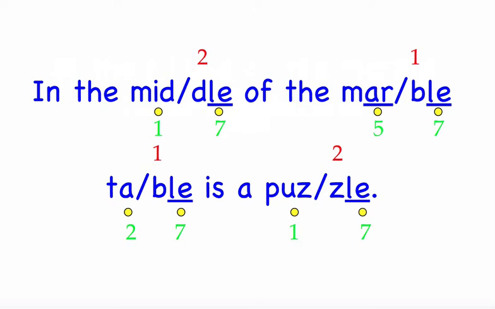Sentence 5. I grumble and stumble without ample servings of noodles. I grumble, grum, 4 sounds.